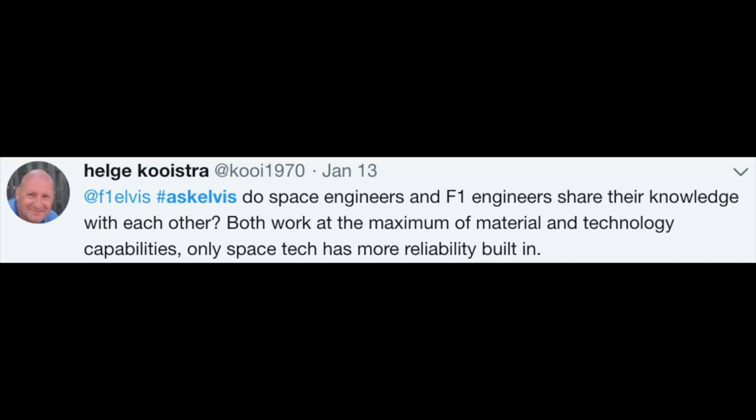Helga Kuistra says, do space engineers and F1 engineers share their knowledge with each other? Both work at the maximum of material and technology capabilities, only space tech has more reliability built in. They kind of do, not on a formal basis, but there have been crossovers in the past, and there are lots of materials that have first been used in space exploration that have found their way into F1, but actually it's also gone the other way.